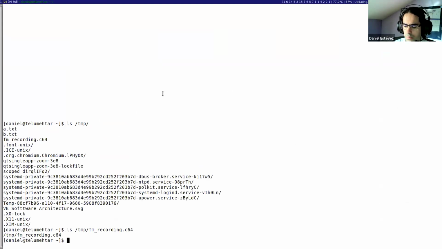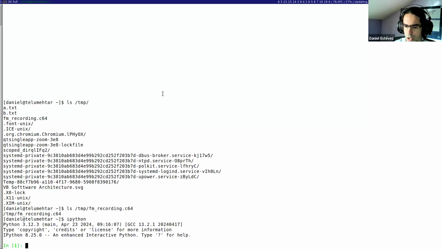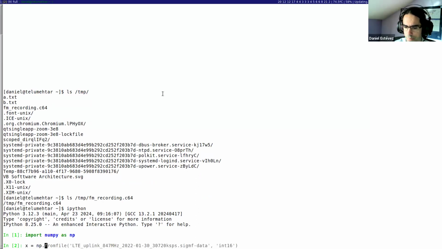There are some applications which you can use to investigate a recording. You can even open it in Python. So maybe I should show that. If I import NumPy, and then the FM recording, there is this dtype parameter, which is complex64. Complex64 means it's 64-bit complex numbers, because they are 32-bit floating point numbers.